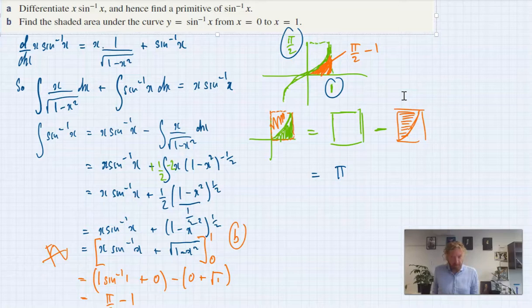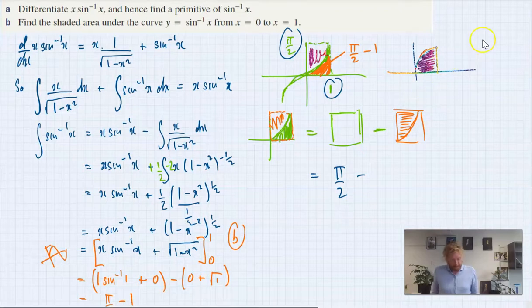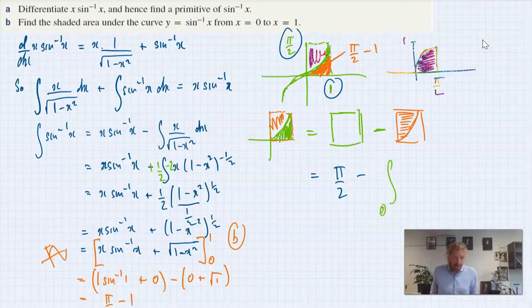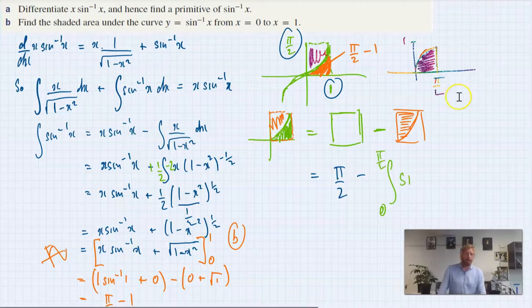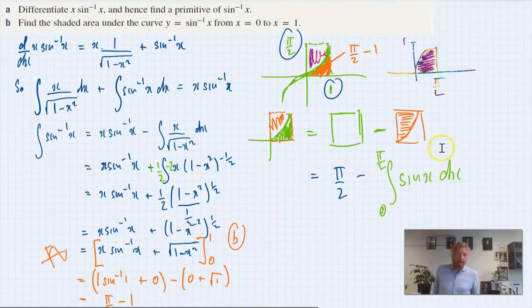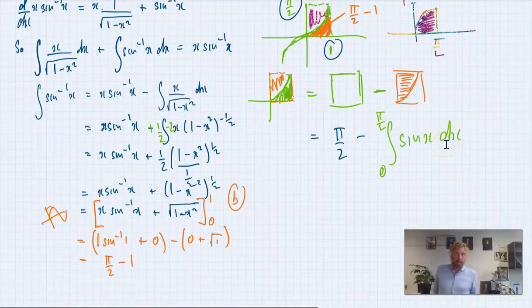Now, if I turn that on its side, the area under this bit is a lot easier to do because I know I'm going from 0 to pi on 2, and so we've got the integral from 0 to pi on 2 of just normal sine x dx. The integral of sine x is just minus cos x, isn't it? Good.